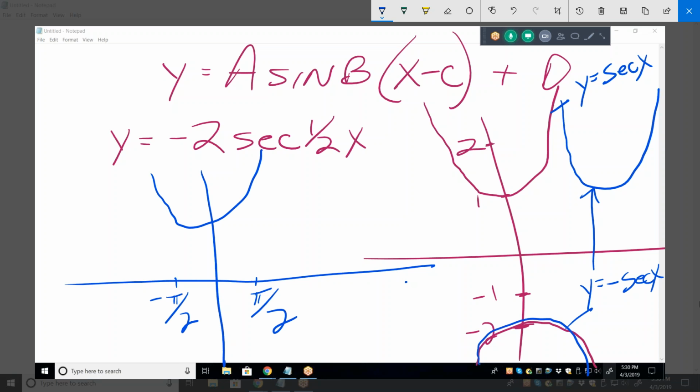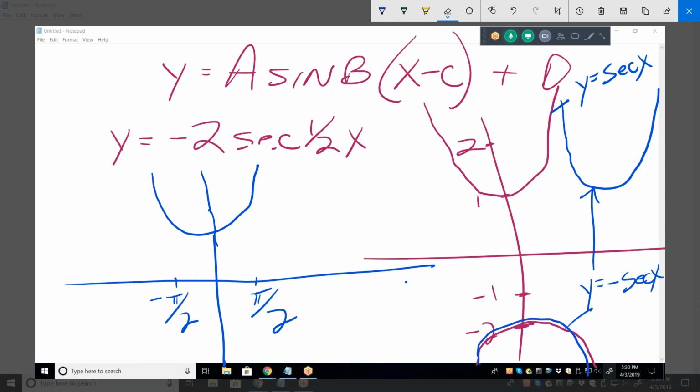Okay? Okay. But we know its period is twice. So we know it's actually going to be expanded horizontally. Well, rather than expanded horizontally, let me just do this.